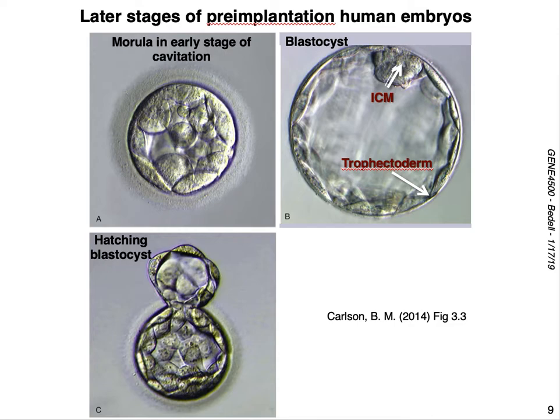Yes? If you're looking at the blastocyst on the screen, for example, do you see it flat because it's a cross-section because of the microscope, or is it flat because it's developing on a flat surface? Okay, that's a good question. These are essentially balls, circles of cells. These are not attached to anything. That's a good point, because other types of cells that we'll talk about will attach to the bottom of the dish and be flattened out.